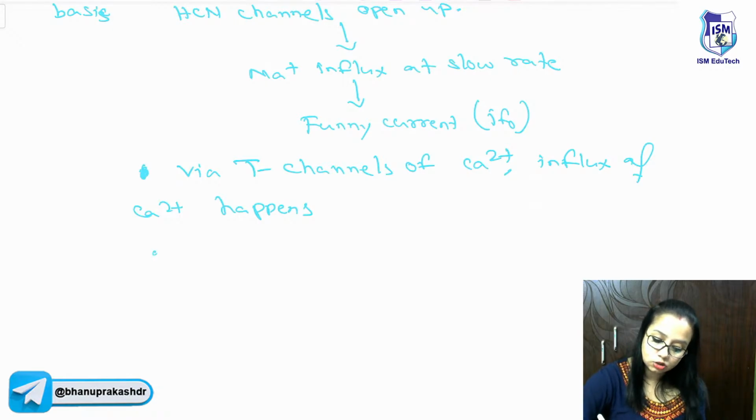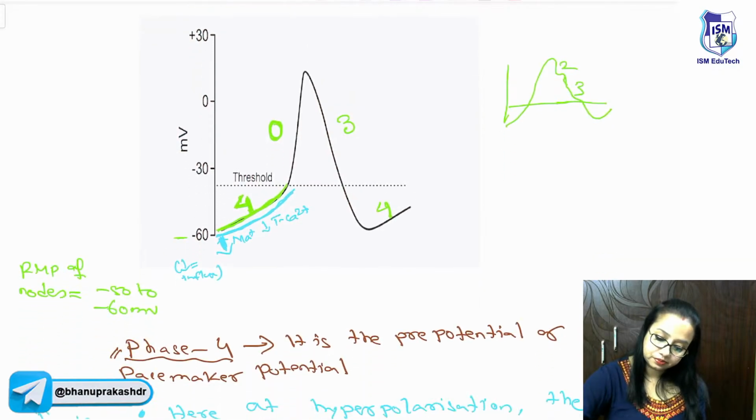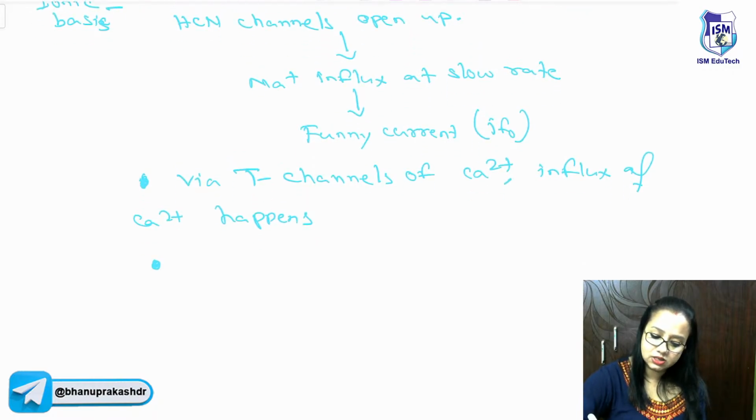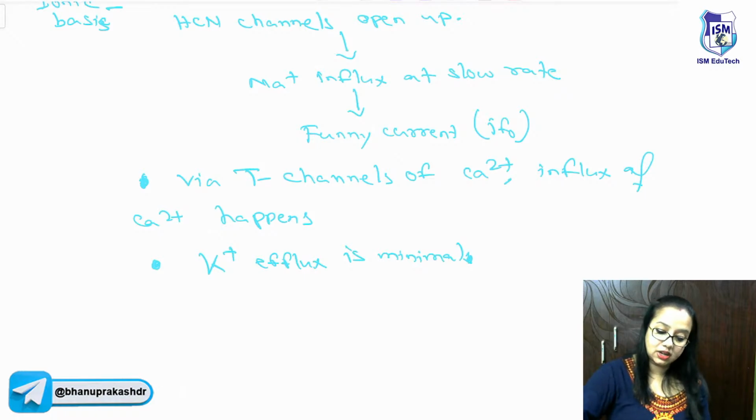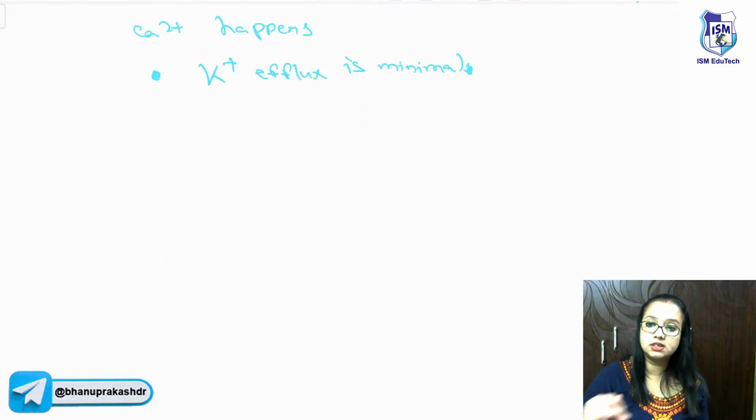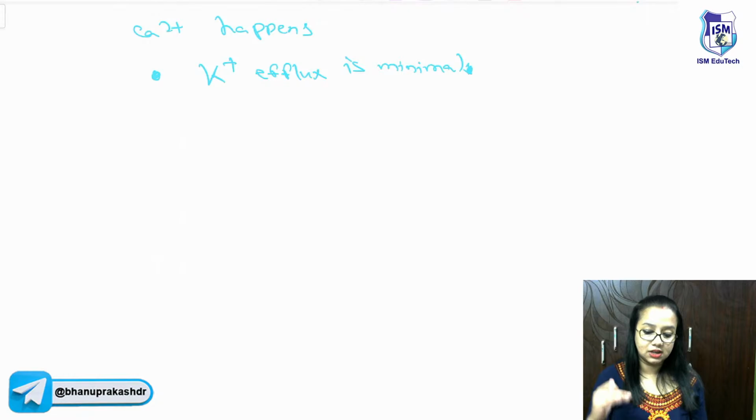And the third reason is that potassium efflux is very less in phase 4. In phase 4, potassium efflux is minimal. It is not stopped because potassium has a leaky channel through which there is always movement of potassium. So efflux of potassium, that is loss of the positive charge from the cell to outside, becomes very less. Rather, what happened?